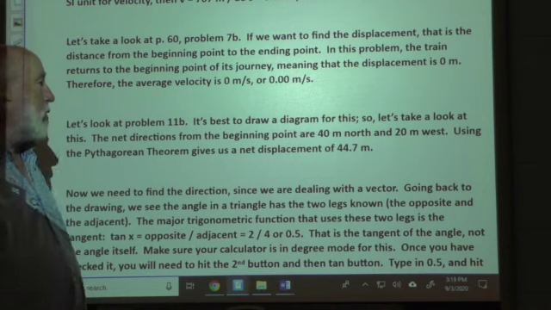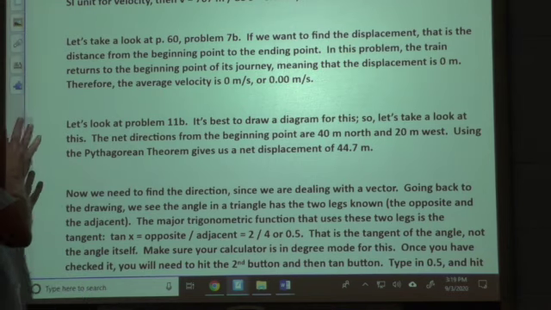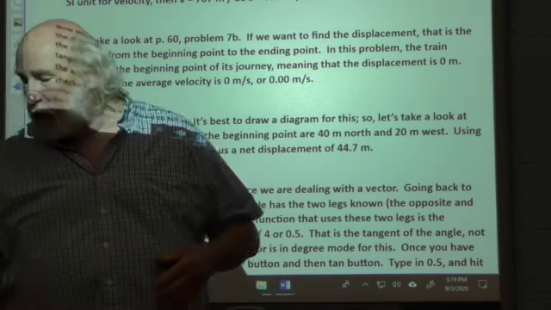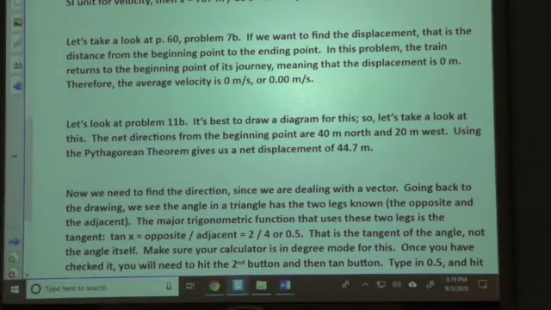Okay? Now, let's take a look at problem 11b. And as is the case with most physics problems, we generally like to use diagrams to help us understand what the problem is really asking, what the context is and all that. So 11b, we want the net displacement.